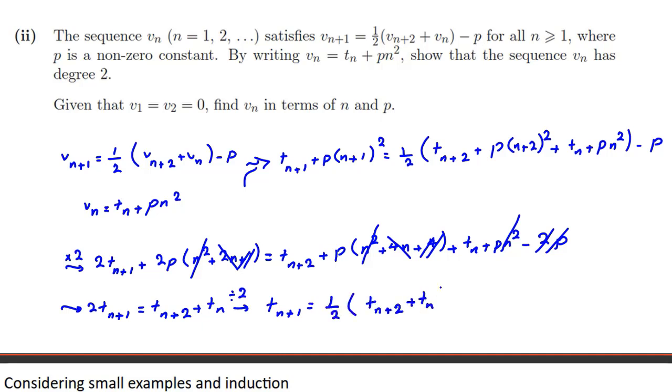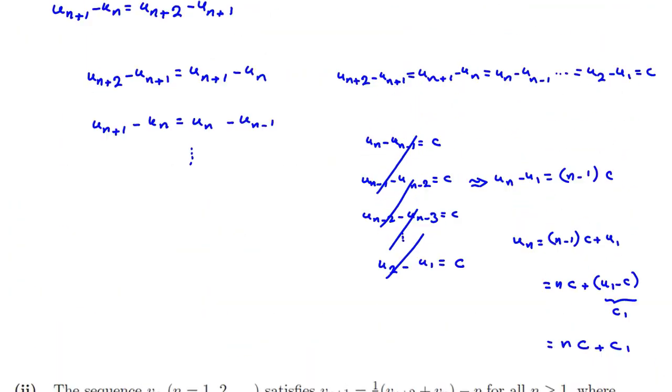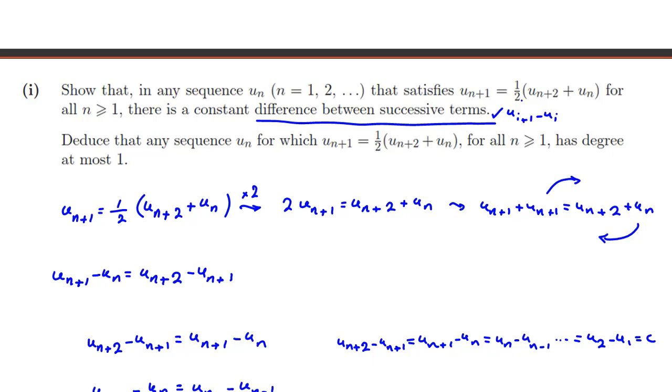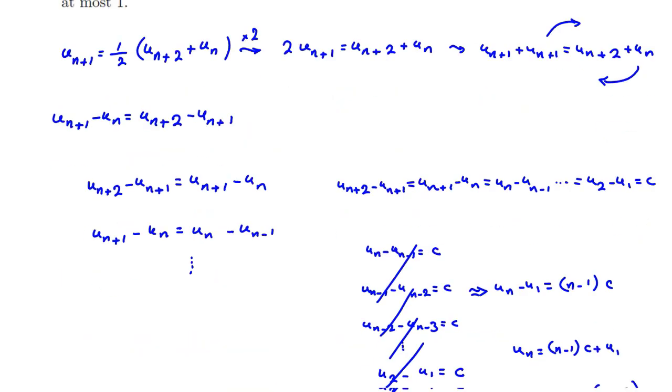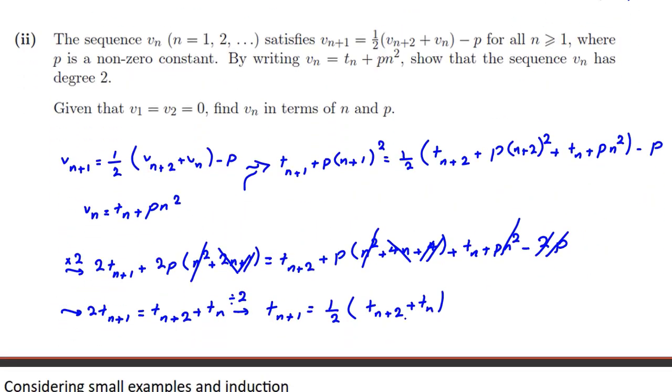So as you can see, it is exactly similar to part 1, where it was un plus 1 equals 1 half un plus 2 plus un. And we can use the previous part to show that the sequence Vn has degree 2. By the previous part, we proved that Tn has degree 1, so it is, for example, C1 n plus C2.